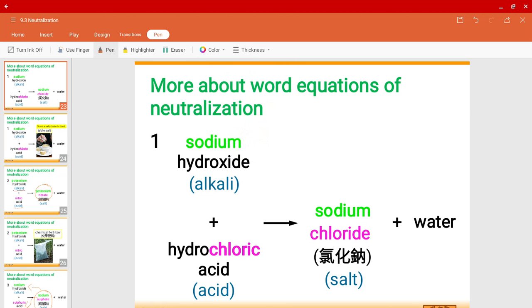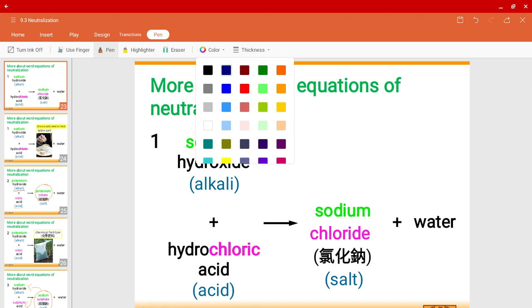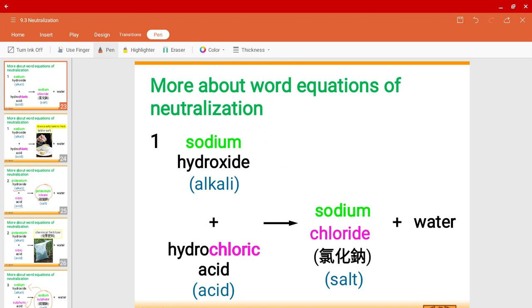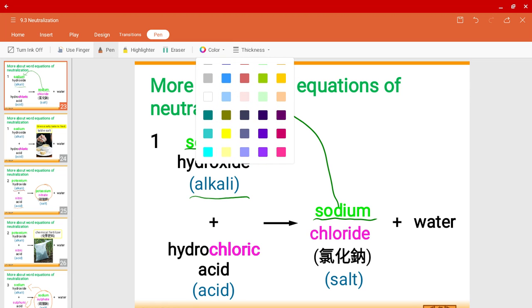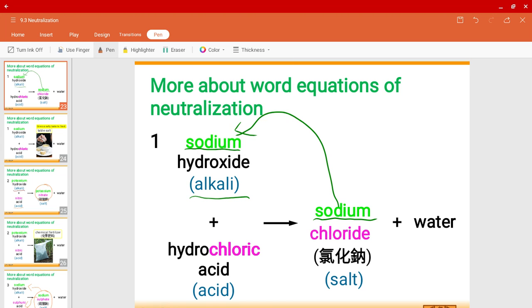So we're going to follow the color, okay? Follow the color of my pen. Over here, you have sodium. The first name of the salt comes from the first name of the alkali over here. The second name of the salt, let me use pink, which is chloride, comes from the first name of the acid.